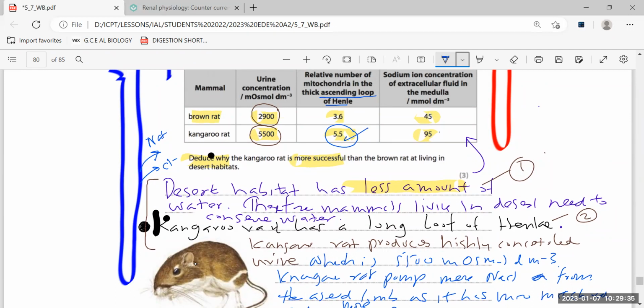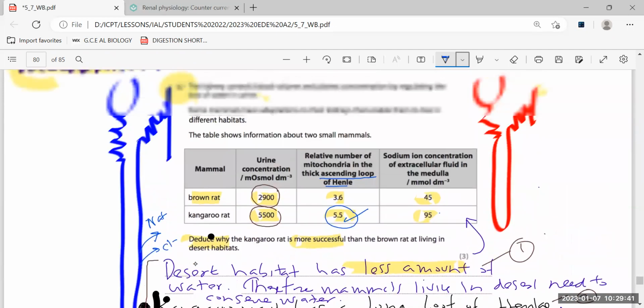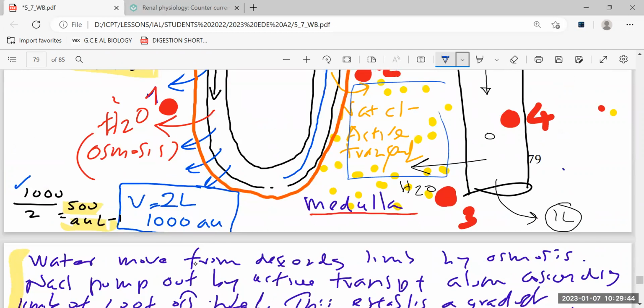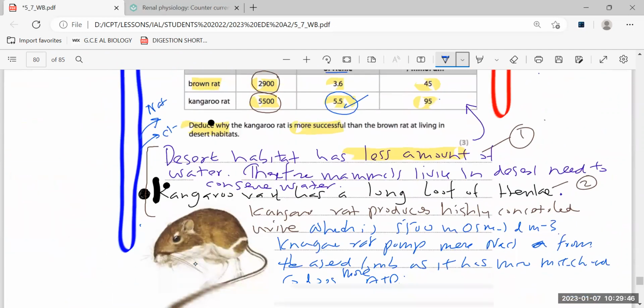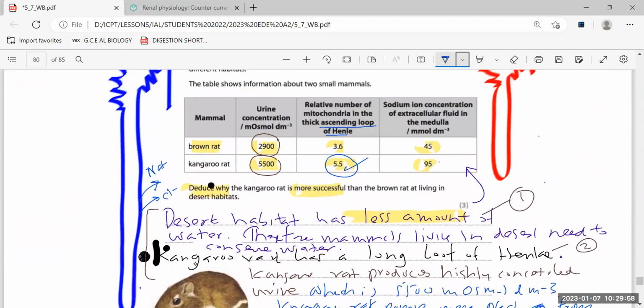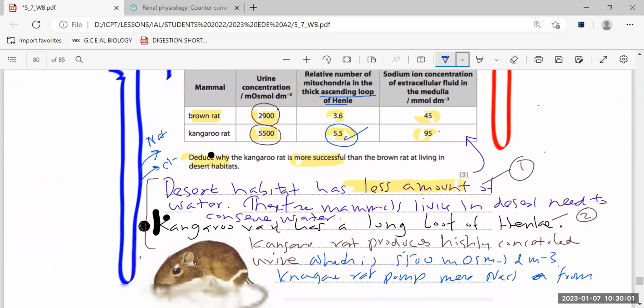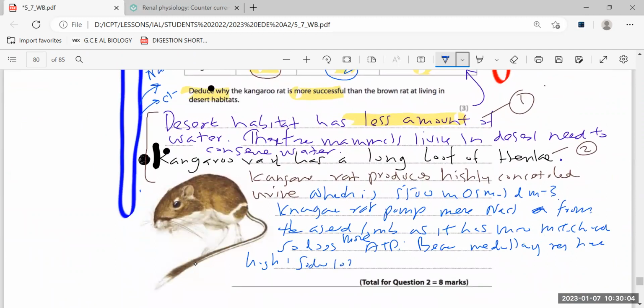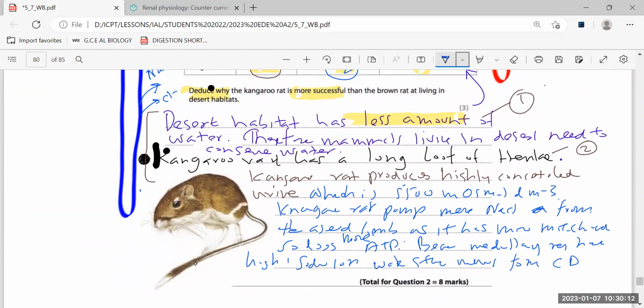And the last point, in the medullary region, sodium chloride concentration is also high. The medullary region is this place, right? So the last point: the medullary region has a high sodium ion concentration, so water still moves from the collecting duct to the medulla.